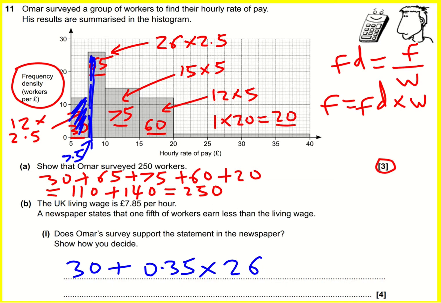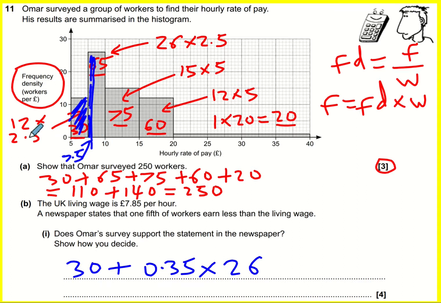I'm interested in the total number of people less than 7.85, so the frequency is such. So I need to find the area of this section here, because remember, that's how we find the frequency, by doing frequency density times width. So I've got my 30 from before, for everyone less than 7.5.